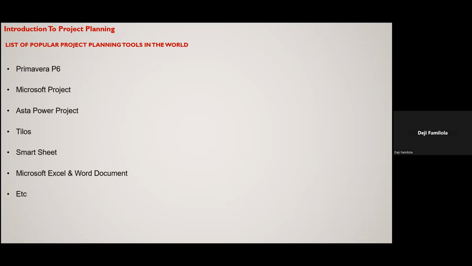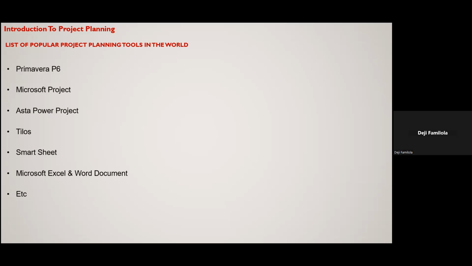So the most popular and robust one, and the one most industries use nowadays, that cuts across every sector. I mentioned Asta Powerproject. It's software that is very common in building construction.